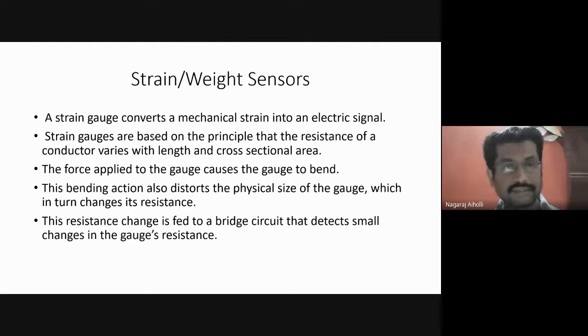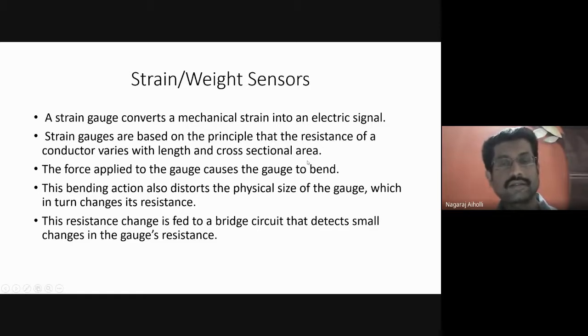A strain gauge converts a mechanical strain into an electrical signal. It is the one which converts a mechanical signal to an electrical signal. Strain gauges are based on the principle that the resistance of a conductor varies with length and cross-sectional area.